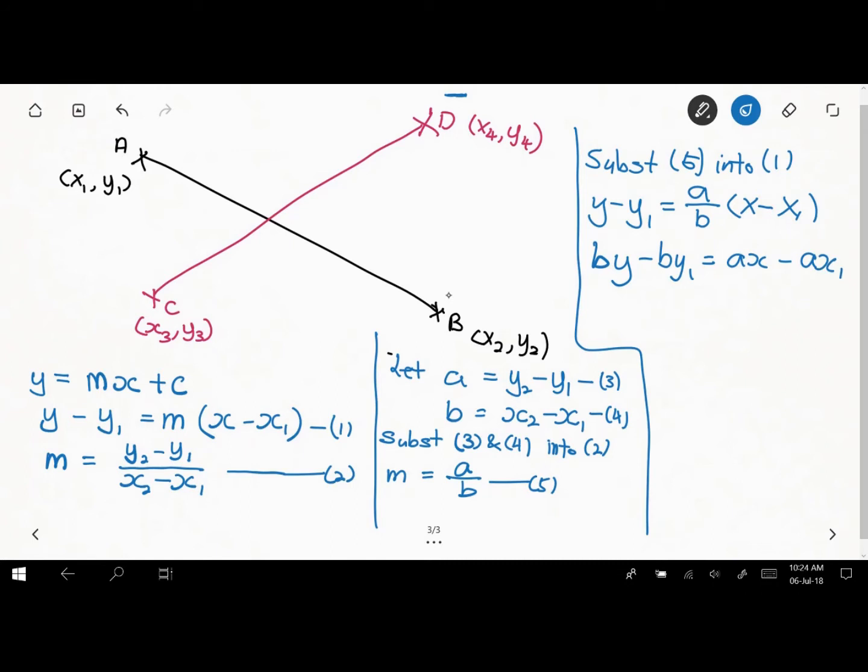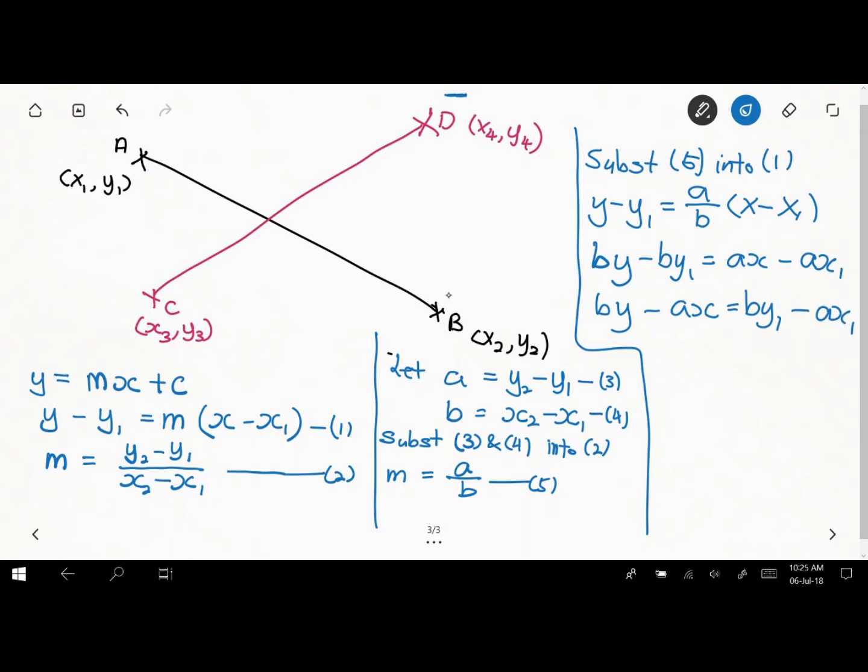Rearranging by putting all the x and y terms on each side, we have by minus ax equals by1 minus ax1.